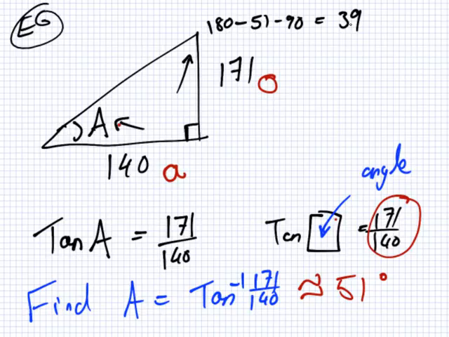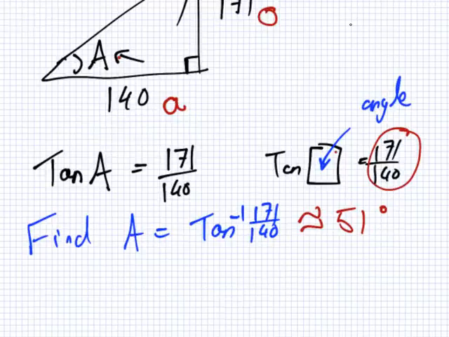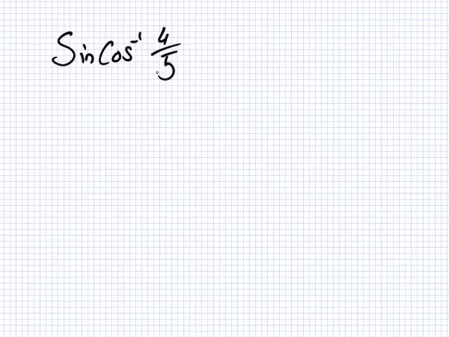Okay, next example. The last type I want to show you is this. We want to calculate this without using the calculator. Now, just to be really clear, cos inverse, does that give me an angle or a fraction as the answer? Angle. And sine of an angle, does that give me an angle or a fraction?